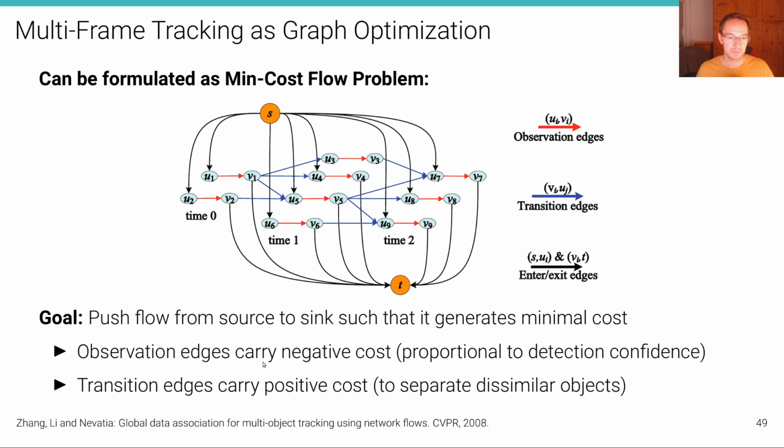And in this case, the observations carry negative costs, so the flow is encouraged to pass through the highly confident observations, and the transition edges carry positive costs to separate dissimilar objects. And if an edge carries a small positive cost, then it's likely to be traversed because there's maybe another detection coming afterwards that has a negative cost that we want to push the flow through.